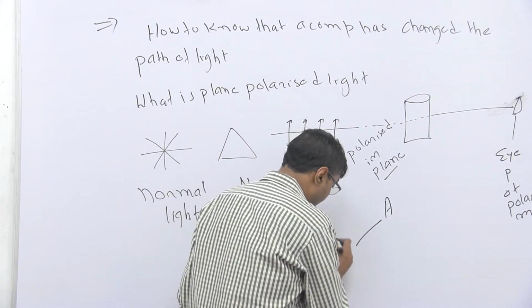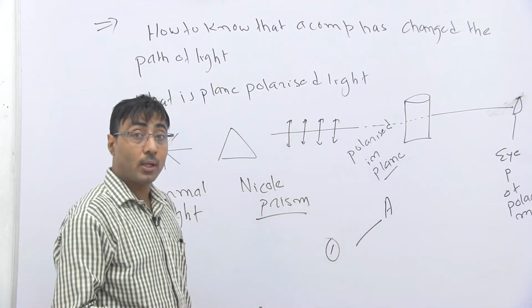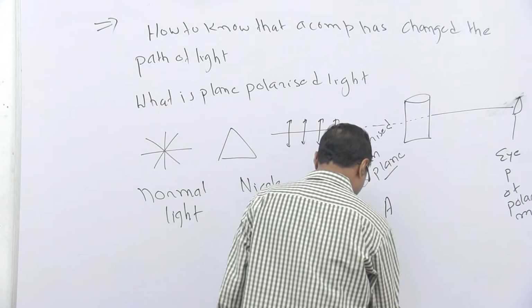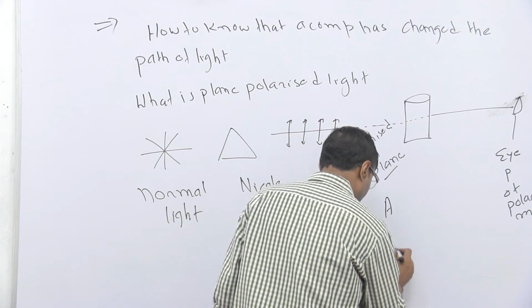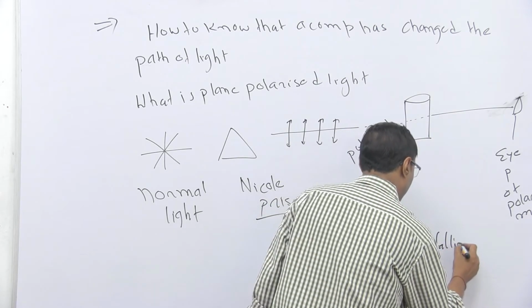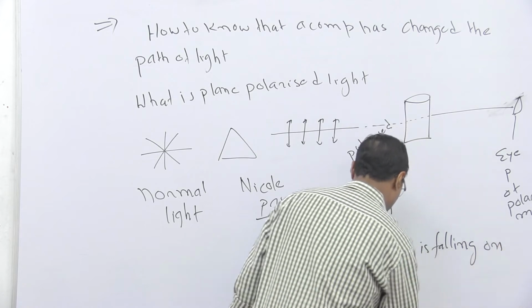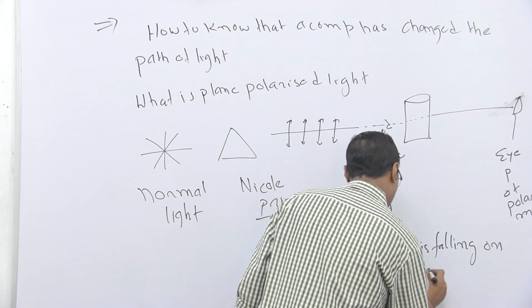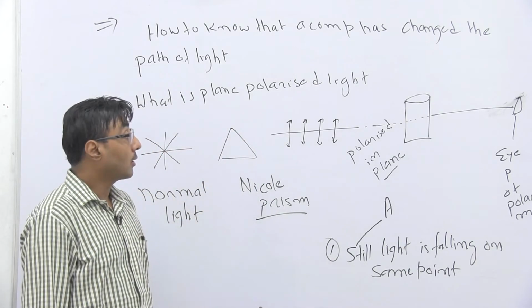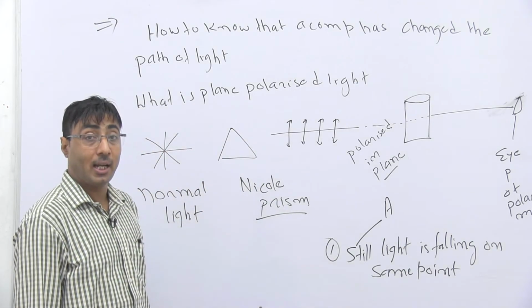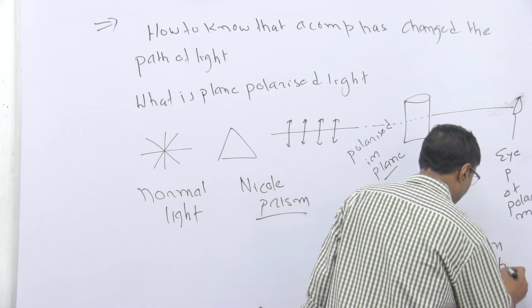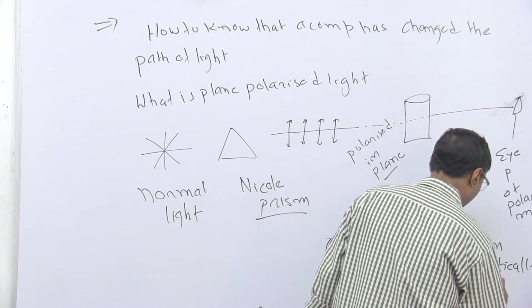Option number one, light is still falling at the same point. If this is happening, the compound is said to be optically inactive.